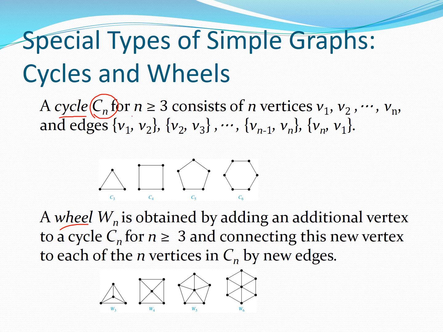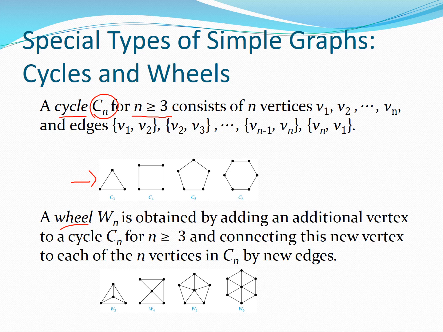Here you have a special condition that says n should be greater than or equal to 3. You cannot have a cycle with fewer than 3 vertices. Here we have the example of C3, which is the smallest cycle possible.